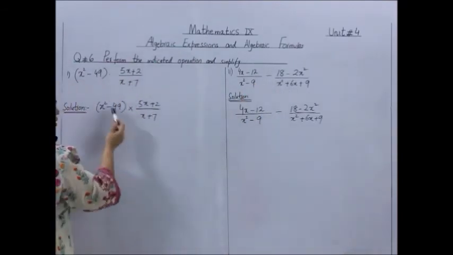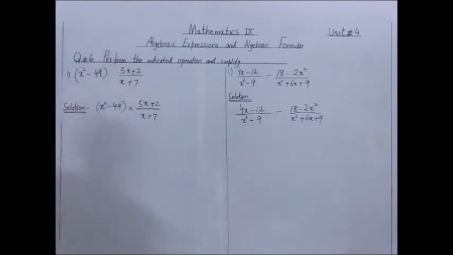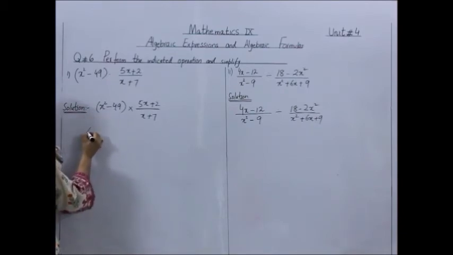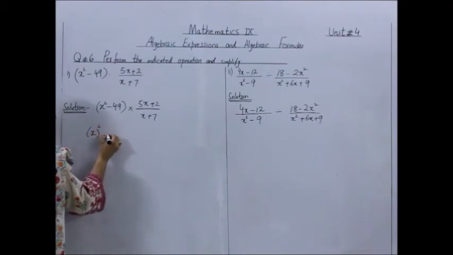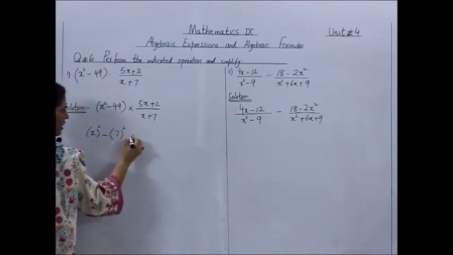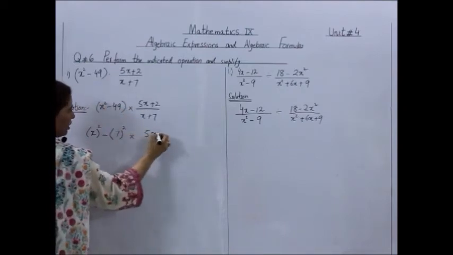You have to multiply in this and divide in this question and simplify. X square minus 49. Now you can easily see that we can write x square as x whole square and 49 as 7 whole square. This dot means you have to multiply.